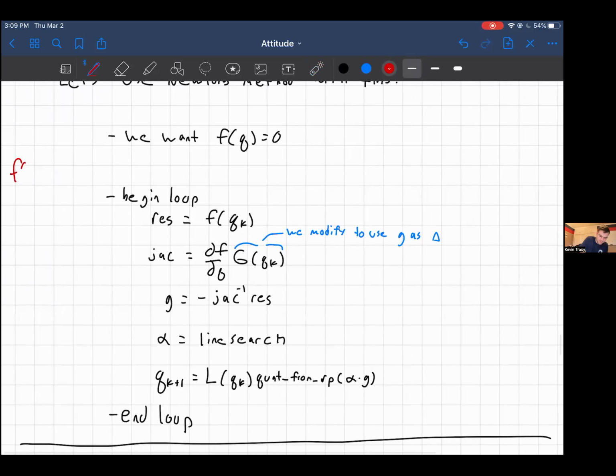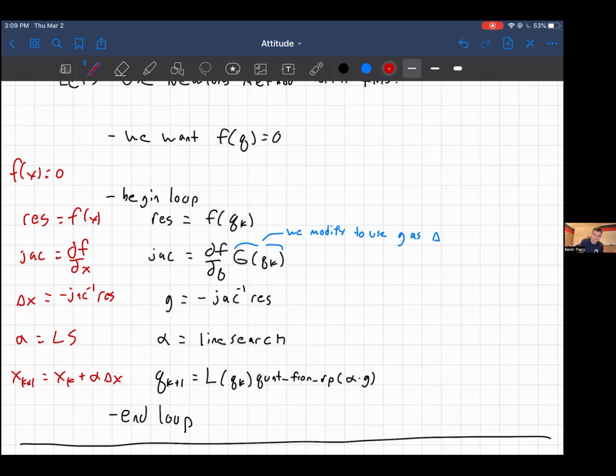If this was f of x equals 0, I do the following: res equals f of x, jack equals just the normal Jacobian, delta x equals negative jack inverse times res, alpha equals line search, and then xk plus 1 equals xk plus alpha delta x.